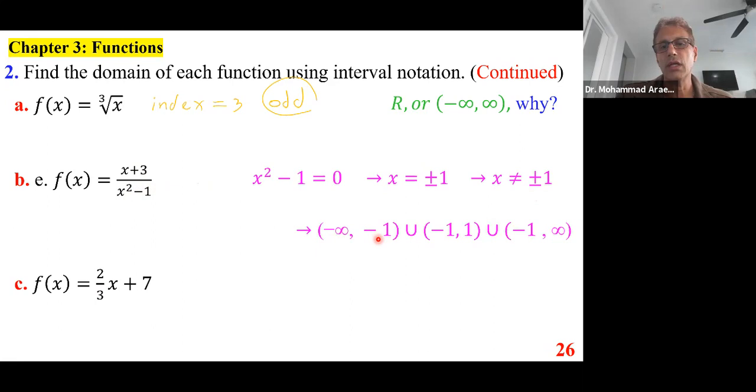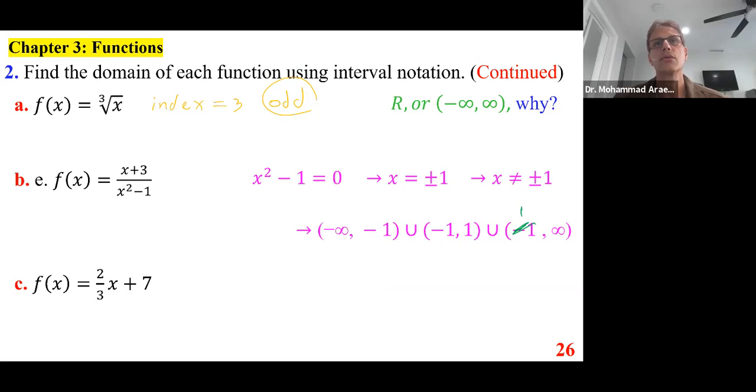Negative infinity to negative 1. Look at the parentheses, that means it's not included. Union, negative 1 to 1, union, positive 1 to infinity. This is positive 1, everybody. So I hope everybody is fine with that.